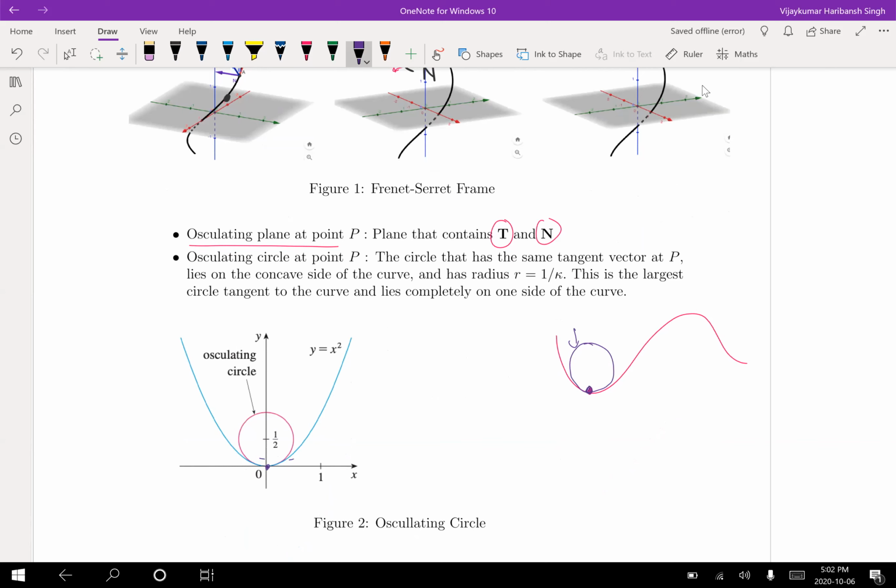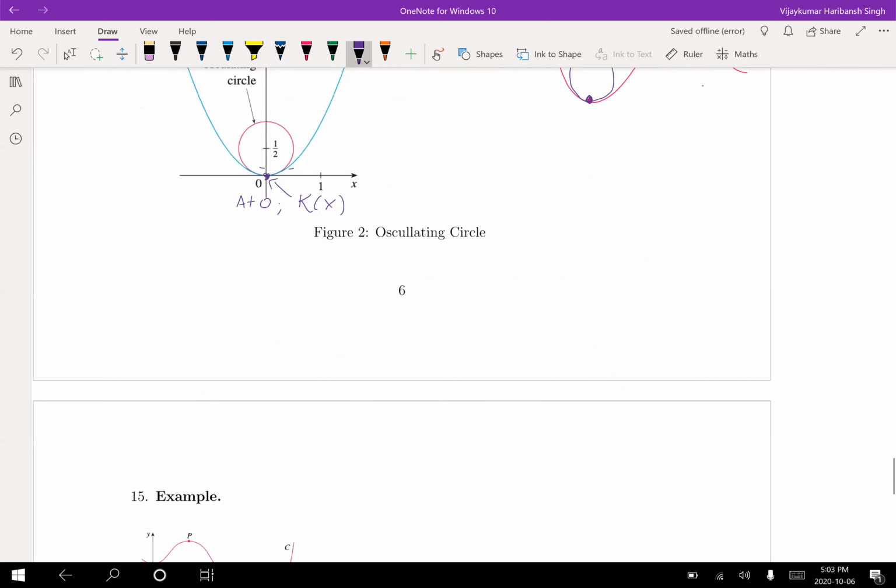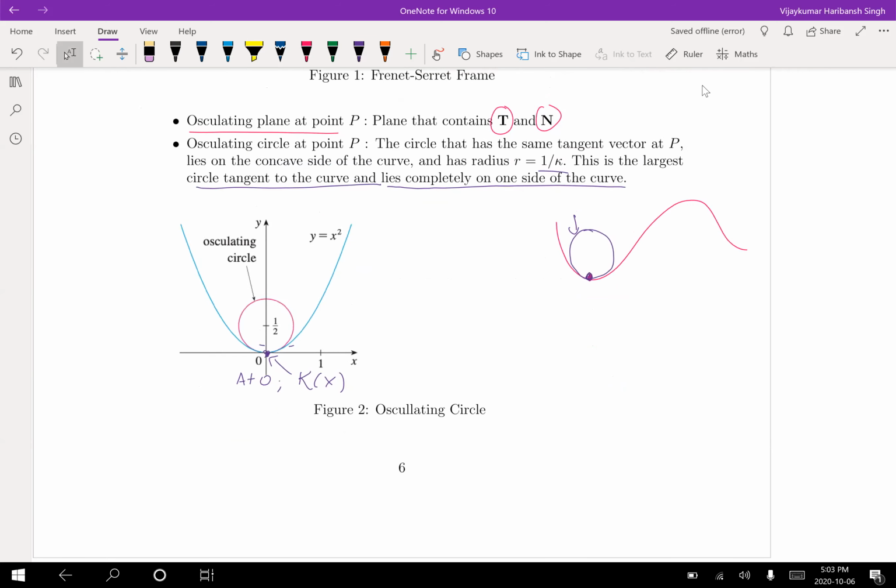So the largest circle tangent to the curve that completely lies on one side of the curve is an osculating circle. And what is the radius of it? If the curvature at this point, at 0, is kappa, then the radius of this circle is 1 by kappa. So the idea is now you can decide which one has bigger curvature, right?